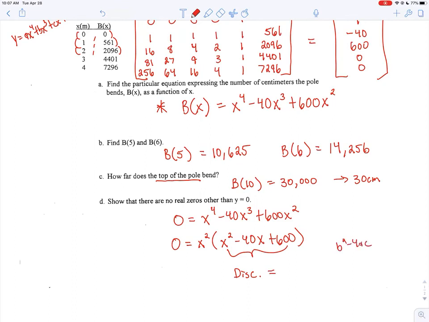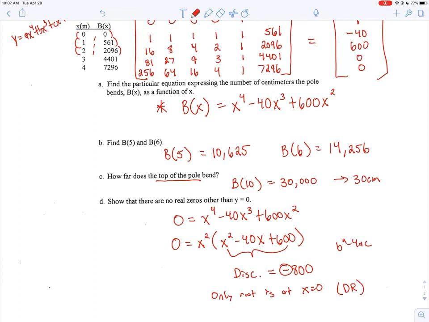So if we plug that in, I got a negative 800 out of that. The key thing just being the negative value. So the negative value means that this is not going to have any additional roots. So our only root is at x equals 0, and we can see it's x squared, so that's going to be a double root, which we've learned obviously a lot more about in the last week or so.